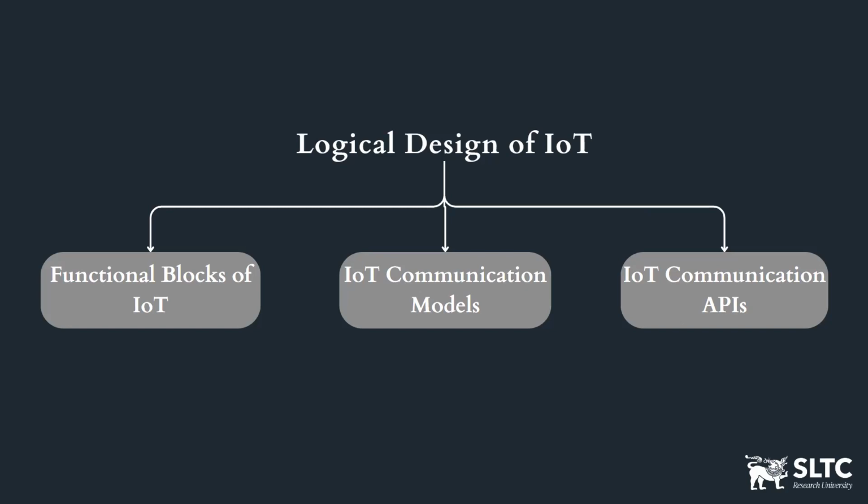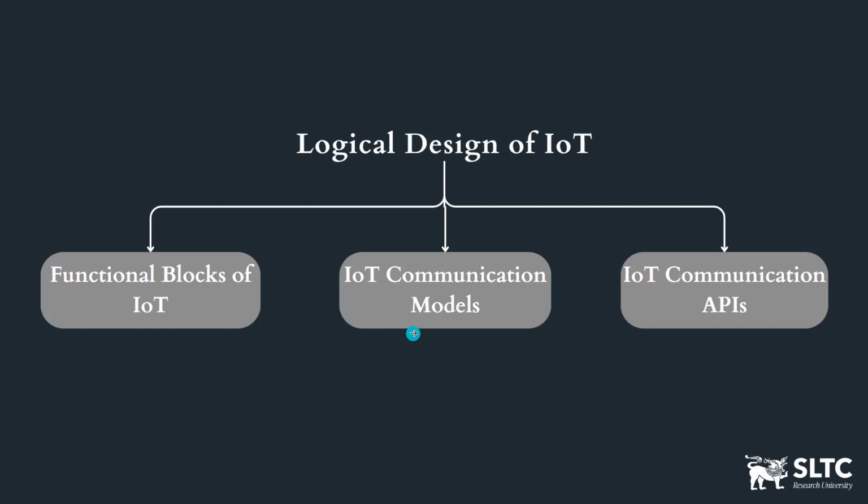Apart from that, logical design can be categorized into three main sections. When we are doing a logical design, we have to consider these aspects as well. The first section is functional blocks of IoT, the functions that are generally defined for our IoT system.